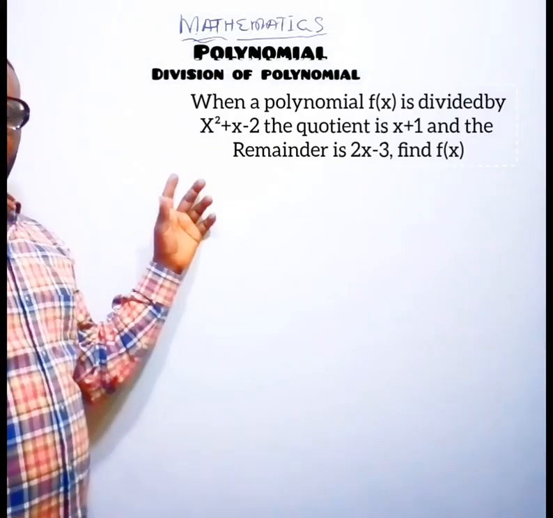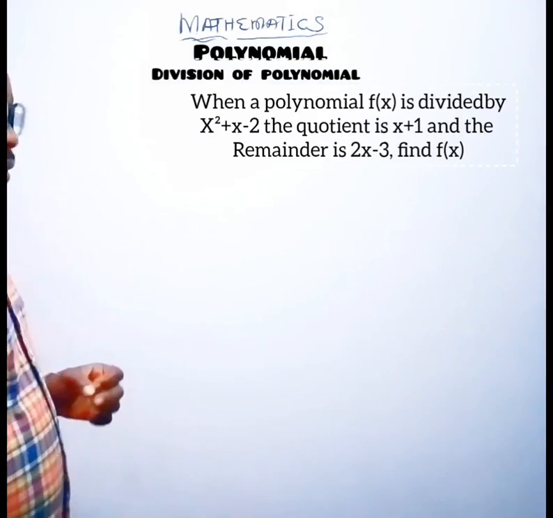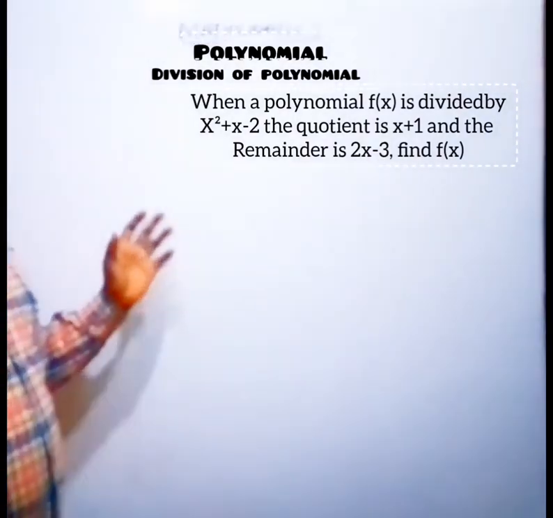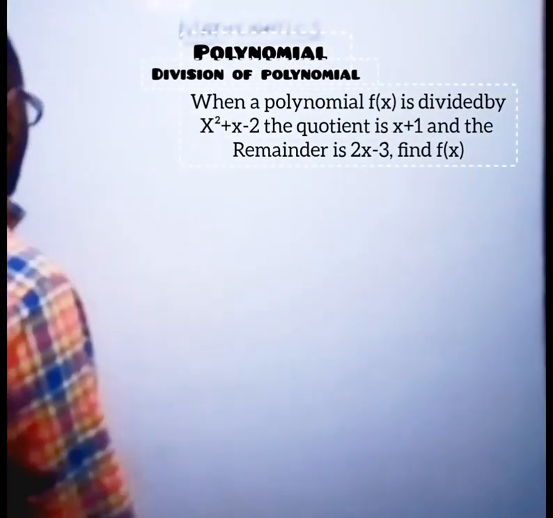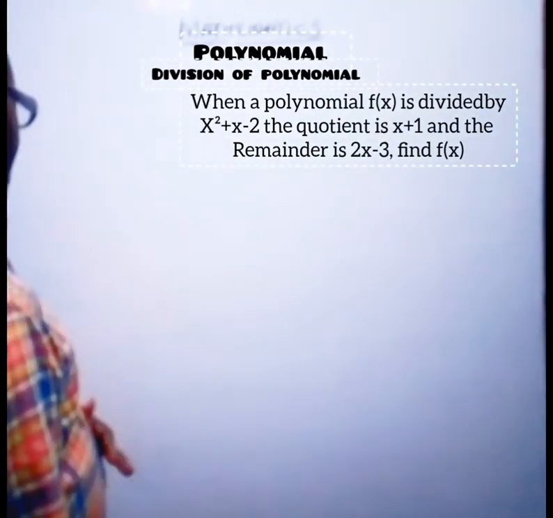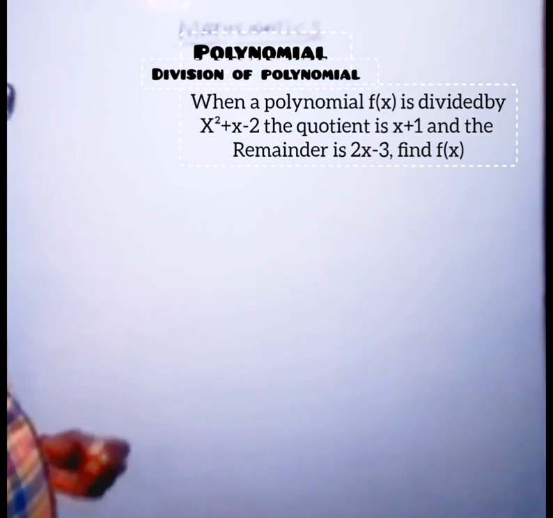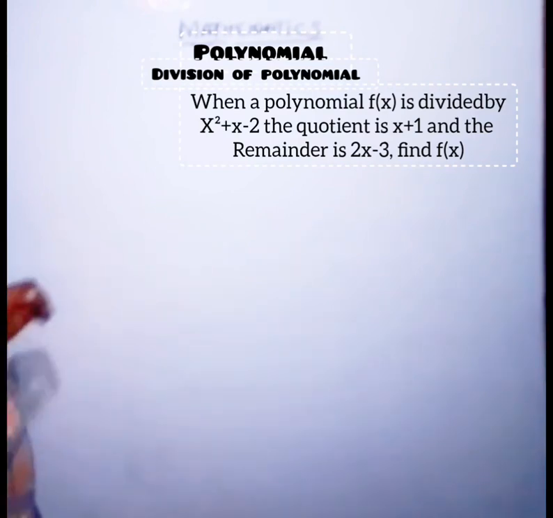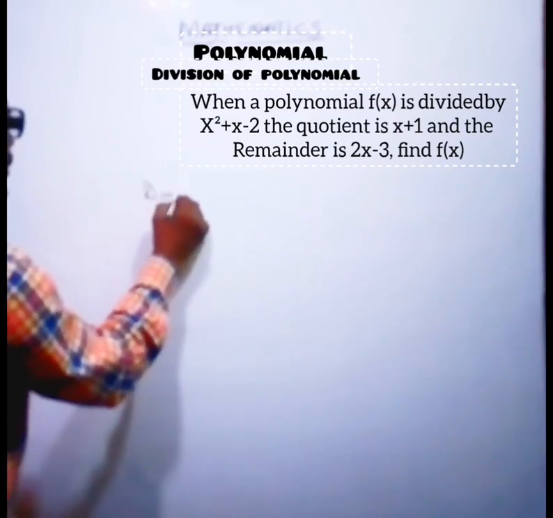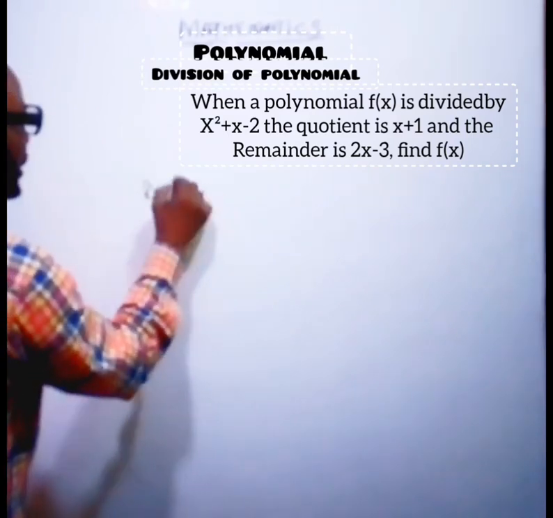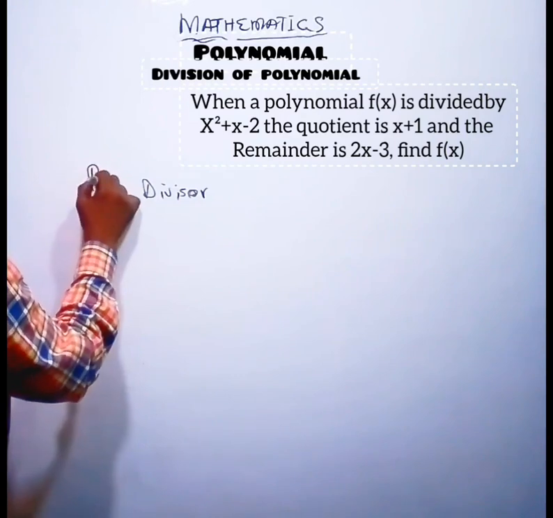How about question A on polynomial? Now, the question says the polynomial is divided by x squared plus x minus 2. Then the quotient is x plus 1. So I can now bring out my parameters here.